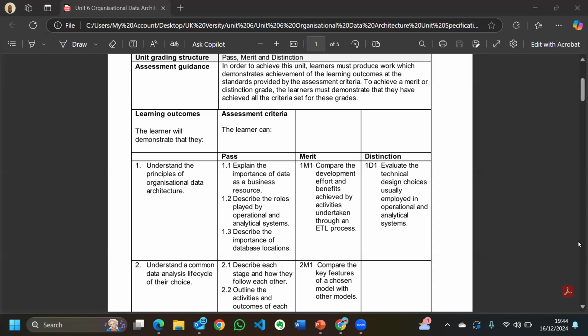So we looked into different types of databases. Then in our merit activities, we compared the development effort and benefits achieved by activities undertaken through an ETL process. And lastly, we evaluated the technical design choices usually employed in operational and analytical systems.